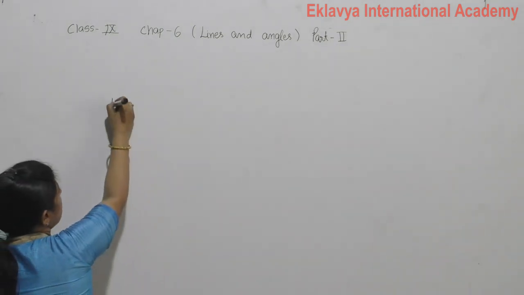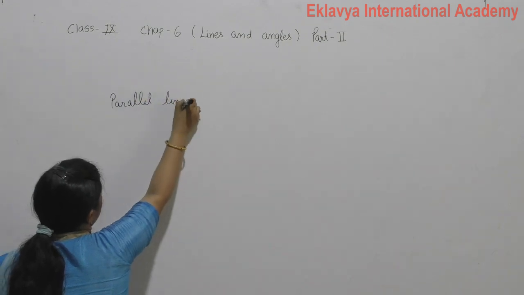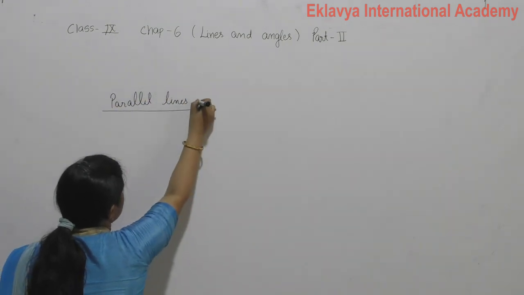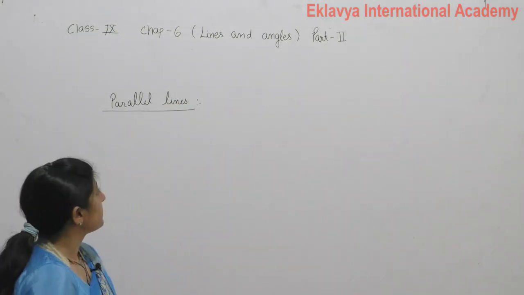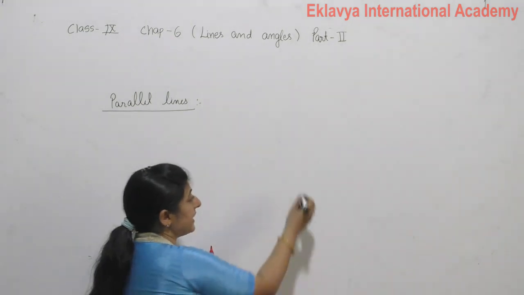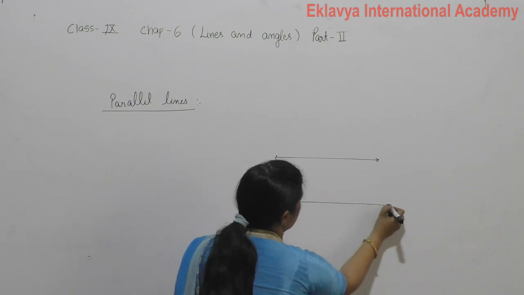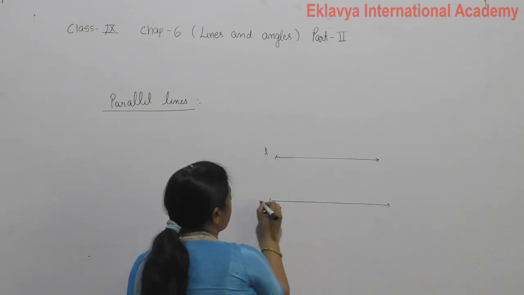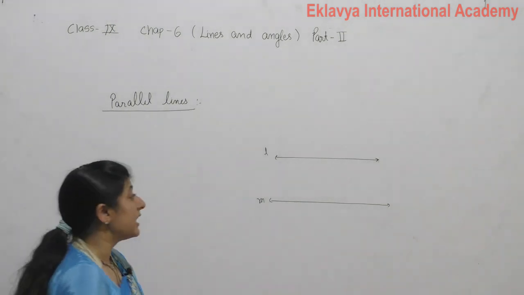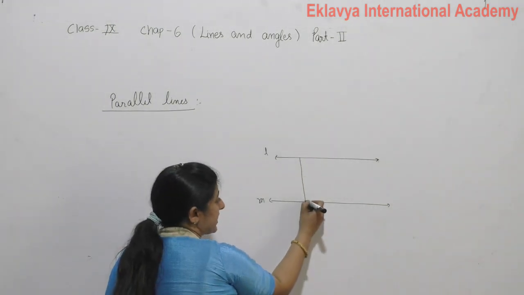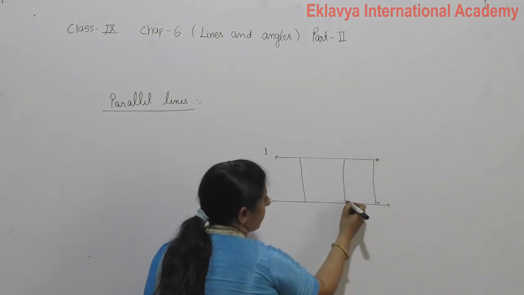parallel lines. See, what is a parallel line? Suppose there are two lines L and M. Two lines are said to be parallel if the distance between these two lines is always constant.